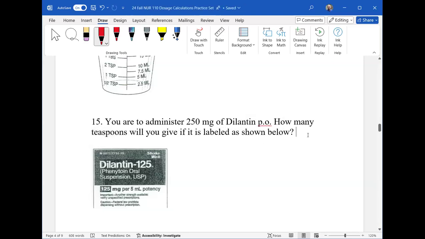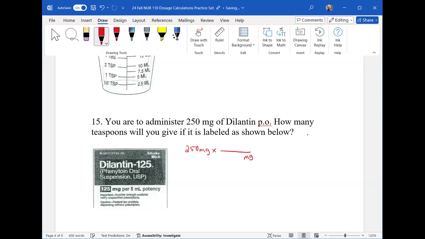You don't necessarily have to do the conversion right when you're doing the question, but you do need to do it. Now I'm going to show you two ways to do this particular question, or if you have something similar. The traditional way is I'm going to take the same kind of steps. I'm going to start with my order, and then I'm just going to convert it. I don't want milligrams.